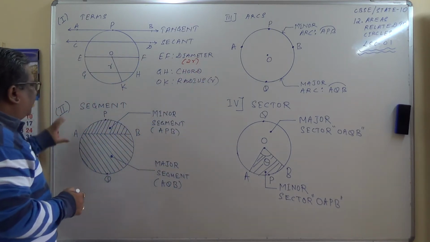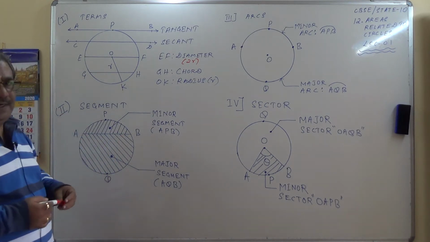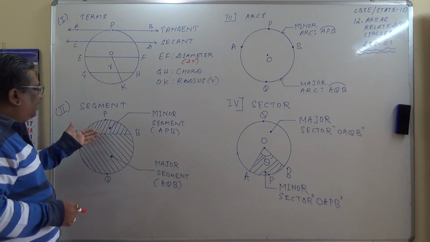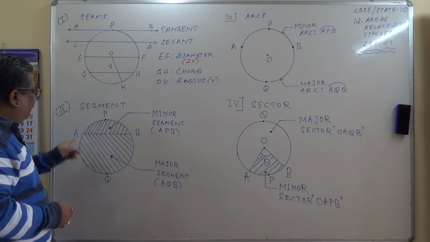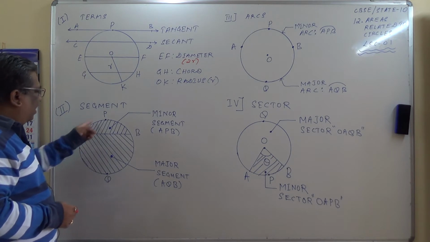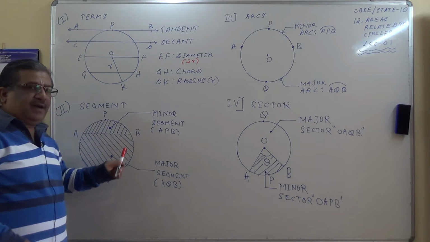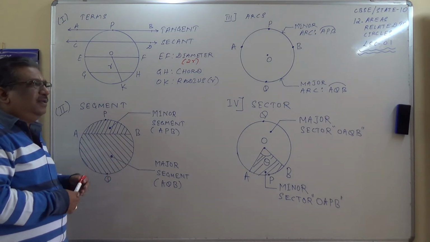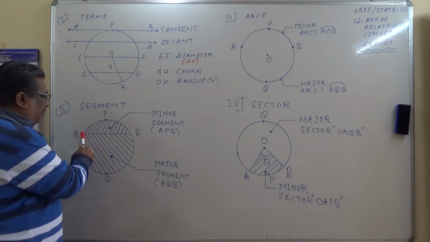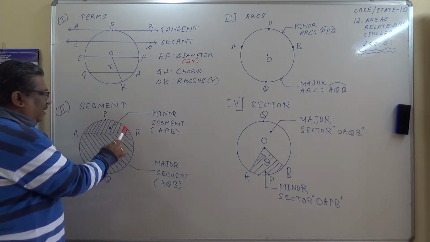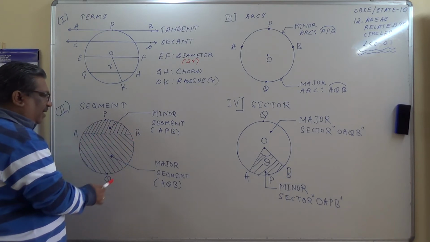Next one, segment. A chord AB divides the circle into 2 parts. That is one smaller part and one is the bigger part. The region bound by a chord and a corresponding arc is termed as a segment. This is a smaller arc and this is one more bigger arc.